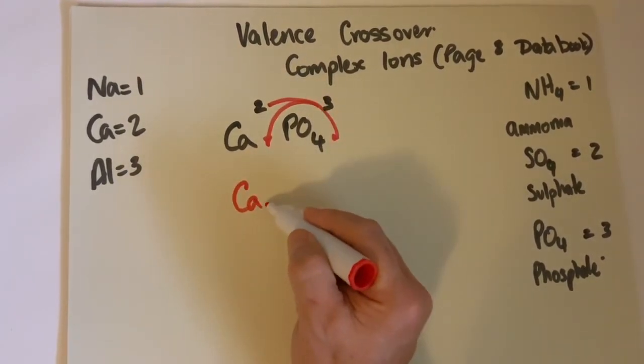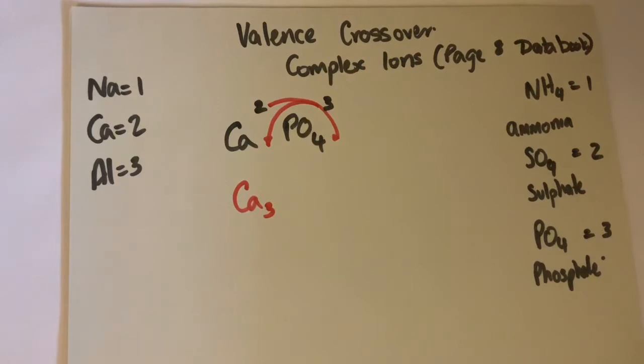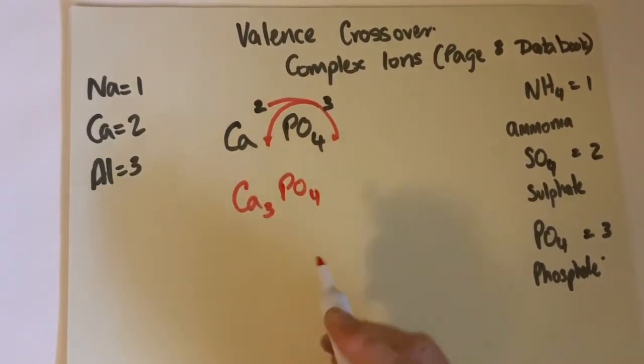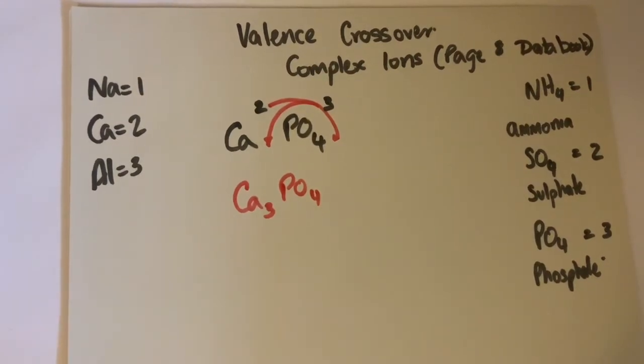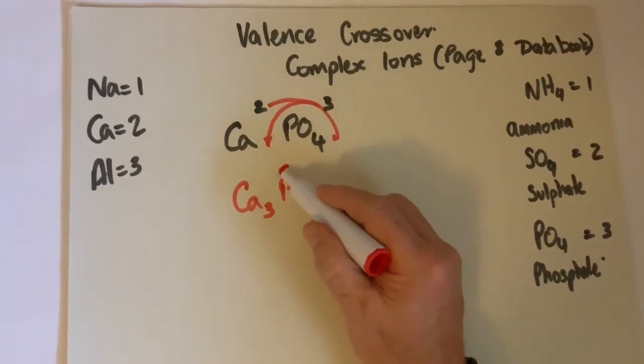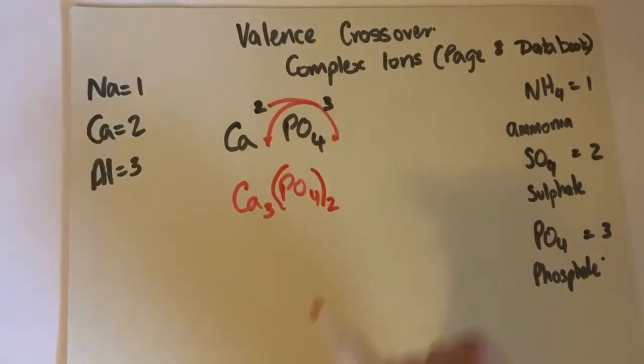So we're going to get calcium 3 and phosphate. But remember, we're treating the complex ion as you would do with a single element. So that stays together, and we've got 2 of them. Now to indicate this, that we've got 2 of the phosphates inside, we put the phosphate into brackets. That's telling me that I have 2 phosphate ions in there.